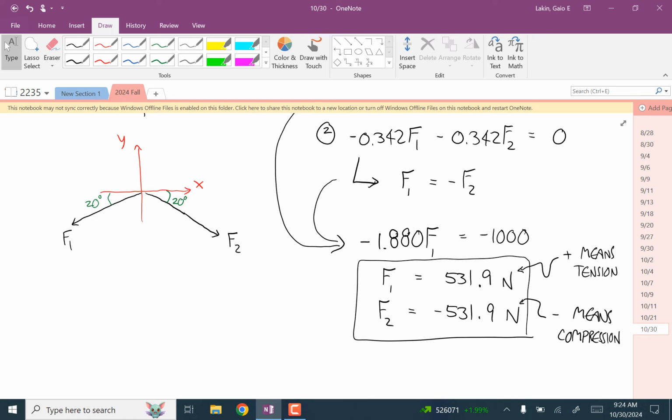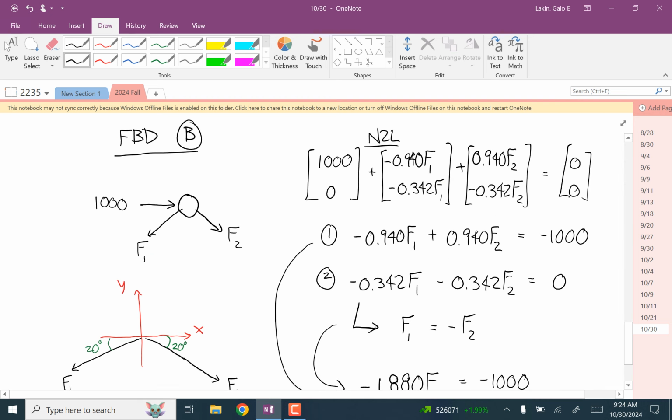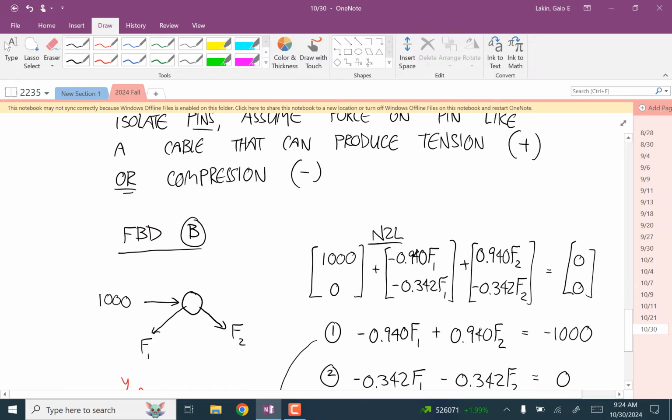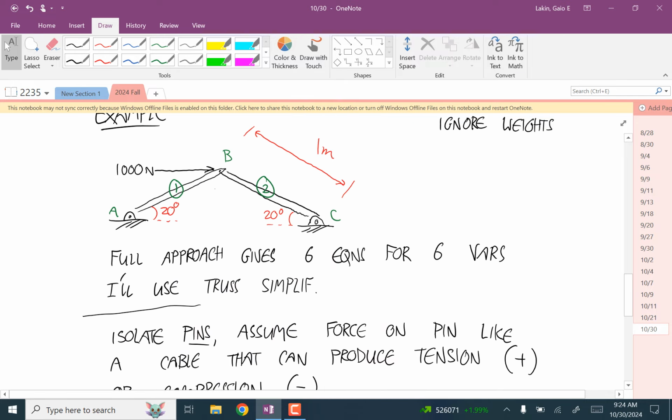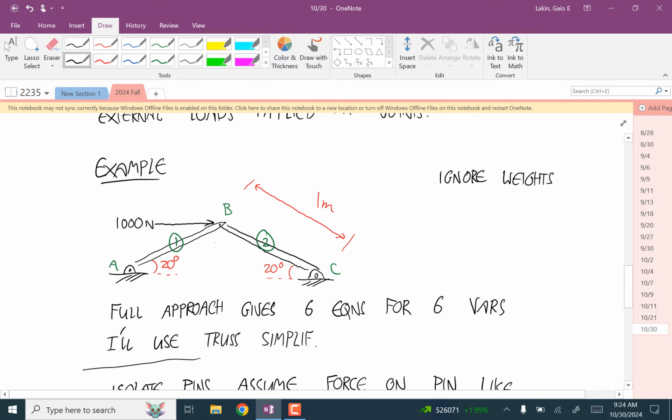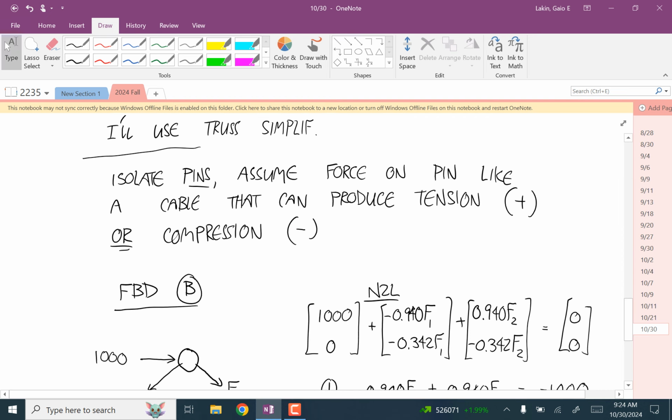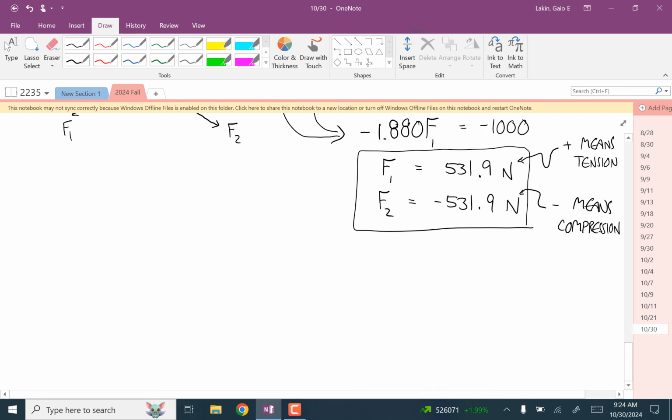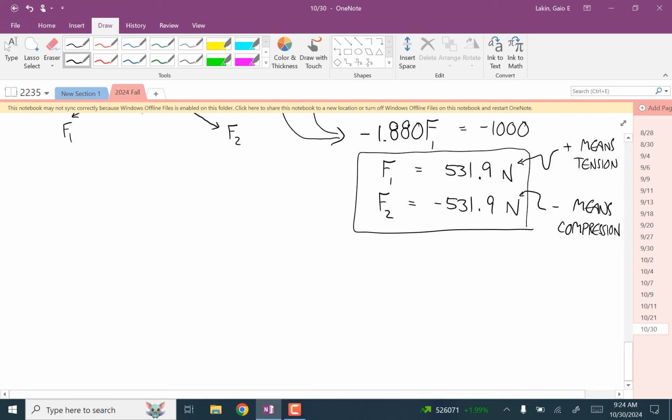Well, this is a good approximation if these weights are small compared to that external force of 1,000 newtons. So if we said that the masses of those two members were like 1 kilogram each, something small, and we did the full calculation, we would get something close to this, but not exactly this.